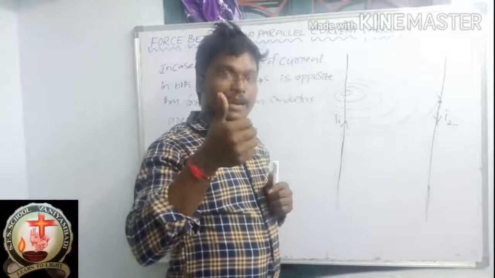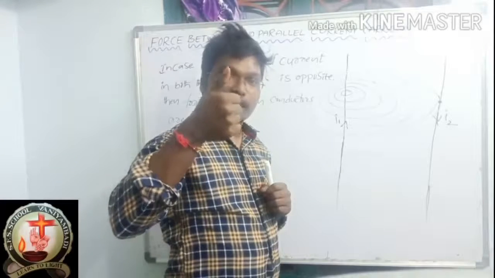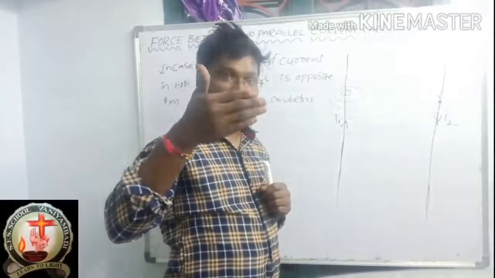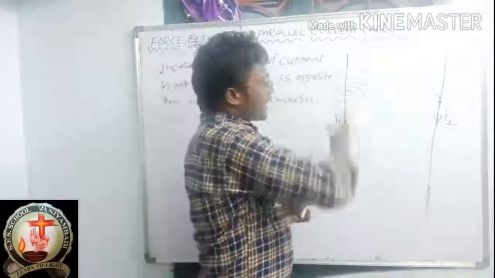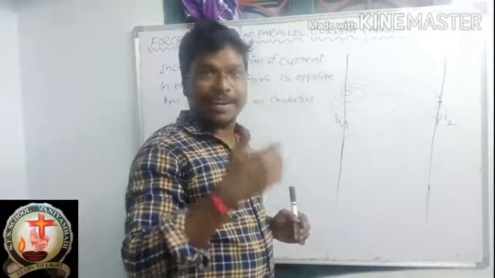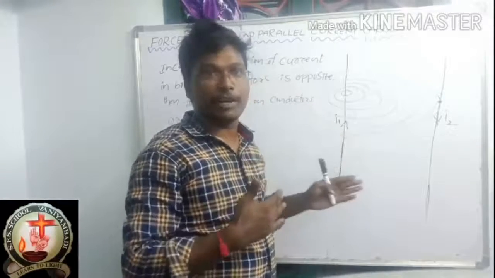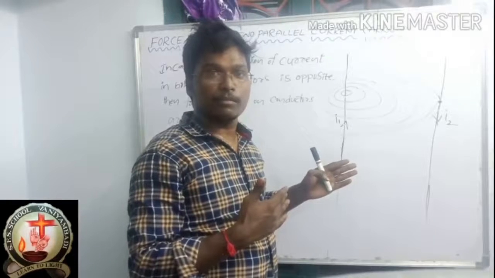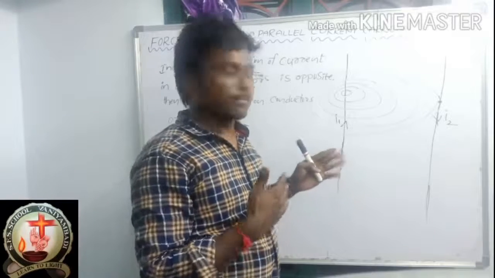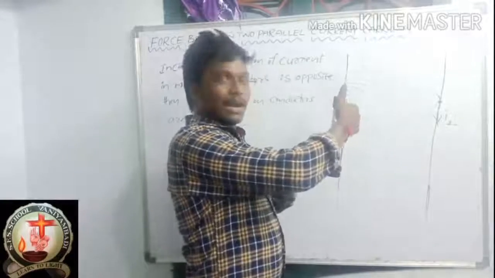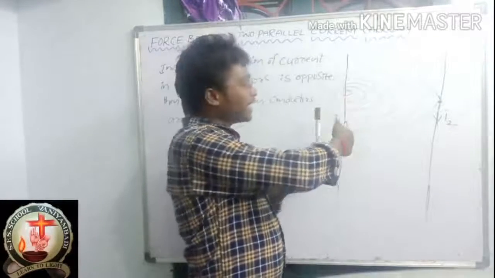In the right hand thumb rule, the thumb will indicate the direction of current, and the four fingers will indicate the direction of magnetic field. So here this is the current carrying conductor, and I am using the right hand thumb rule to find the direction of magnetic field. I am showing the thumb in the direction of current.